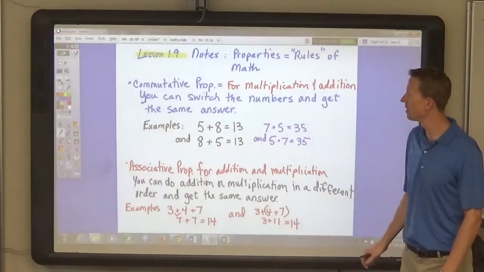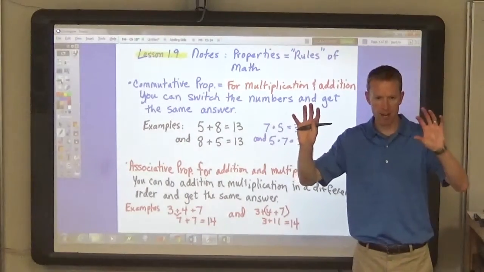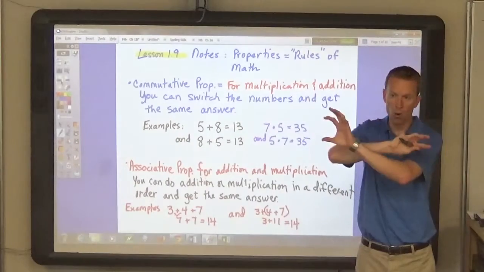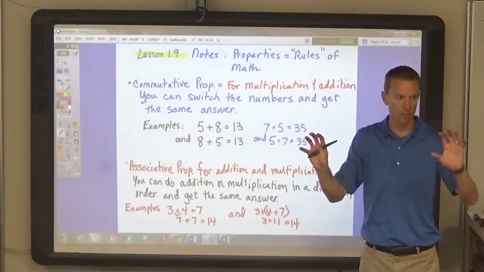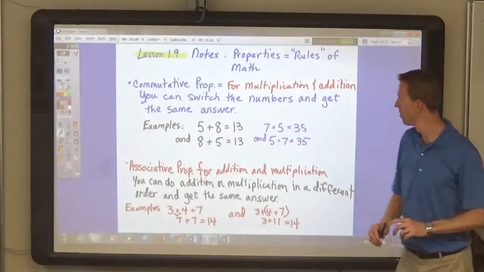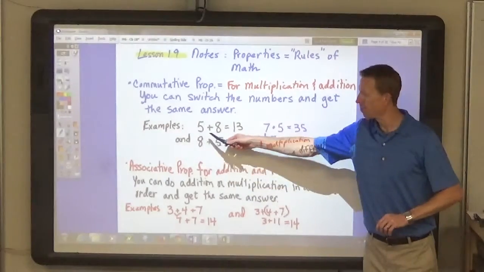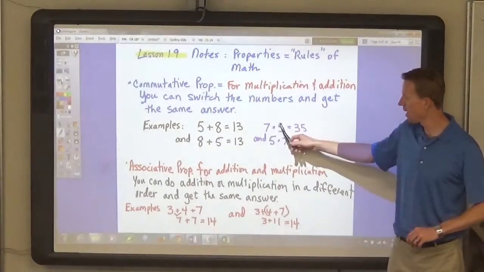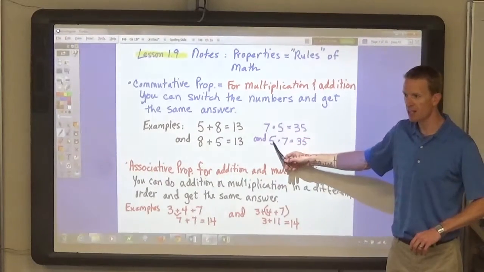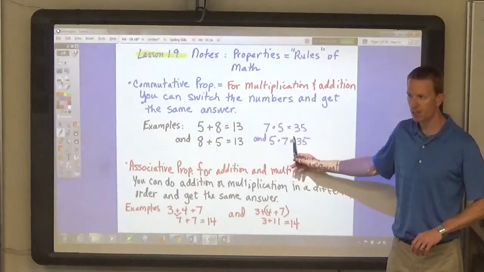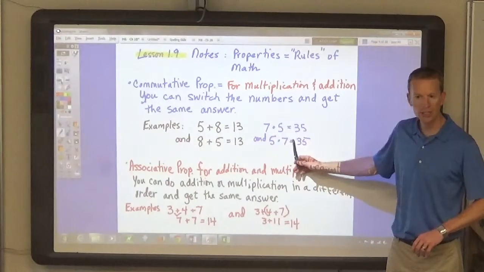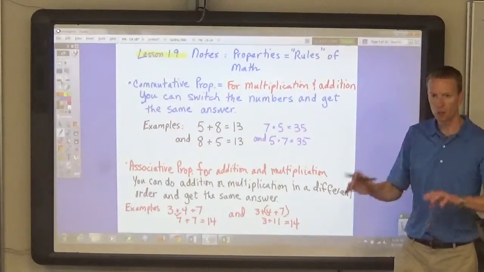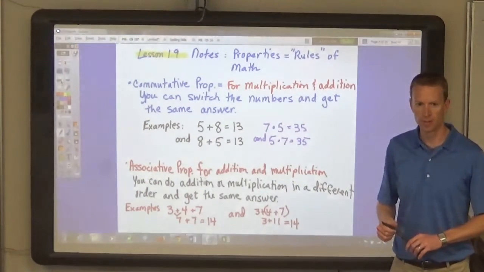And the commutative property says that you can switch the order of the numbers and get the same answer. So, for example, 5 plus 8 is the same as 8 plus 5. 7 times 5 is the same as 5 times 7. You can get the same answer by switching the numbers around. Okay?